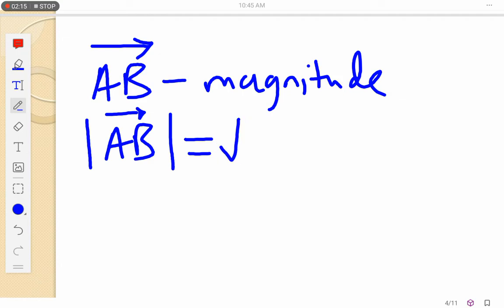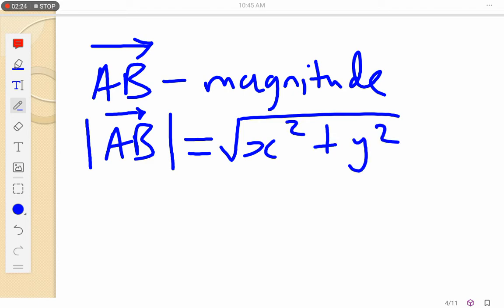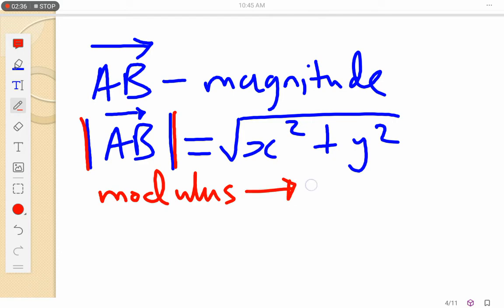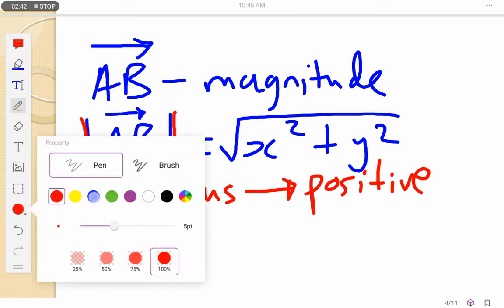So at the end of the day, our formula for magnitude is the square root of x squared plus y squared. And always remember that these signs denote modulus. And our modulus is always positive. It's always positive. Always remember that.